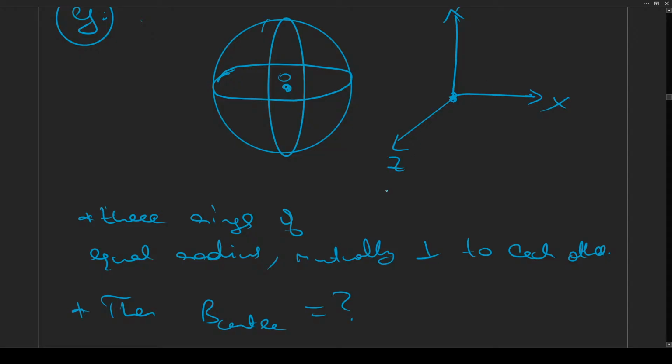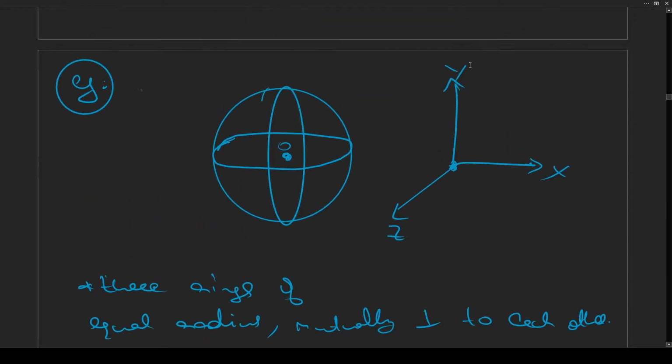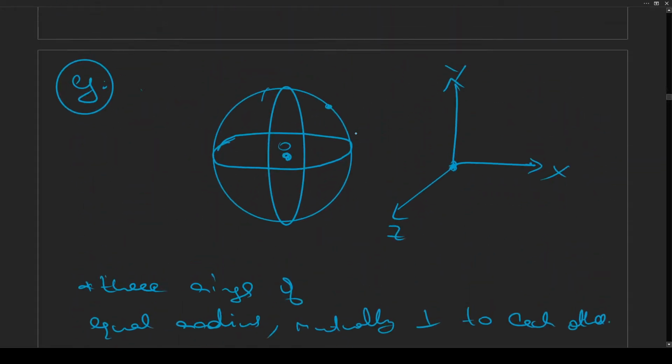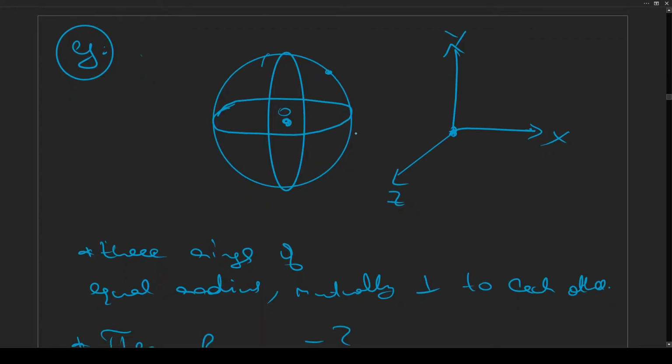Let's find first the XY ring, which is this ring. This ring is in the XY plane. Now B_XY.